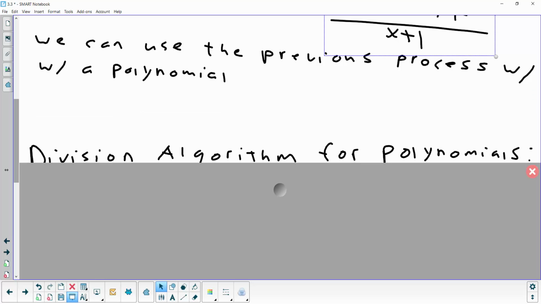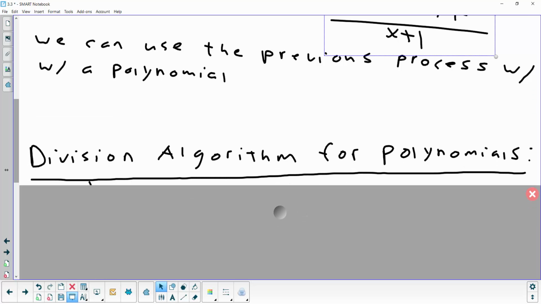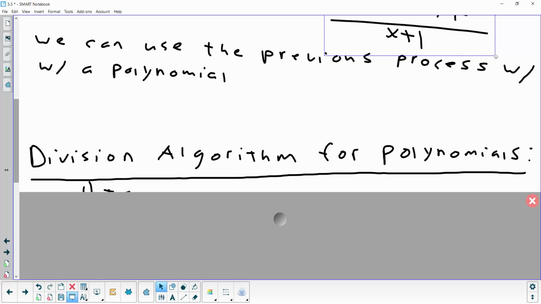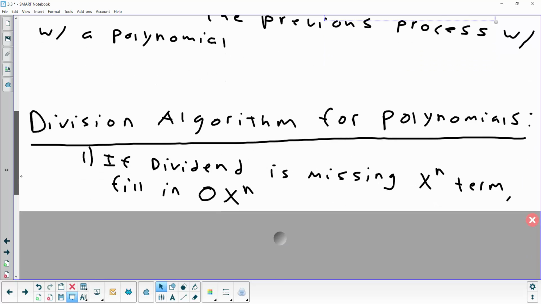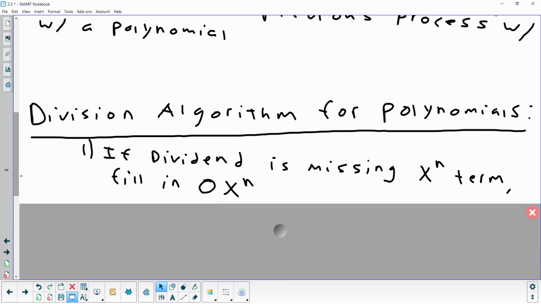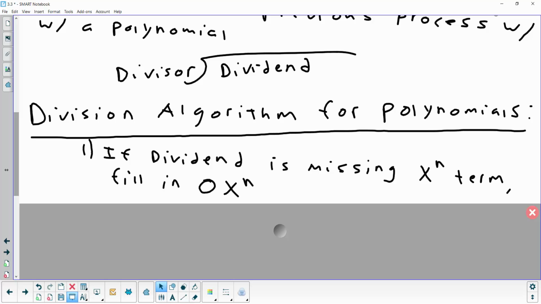Let me give you the steps for long division with polynomials. It's going to be very similar to the steps you know for long division with regular numbers: divide, multiply, subtract, bring down. The first step is really just setting the problem up. We want to check the dividend and the divisor.